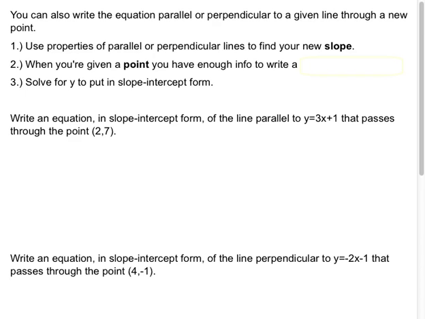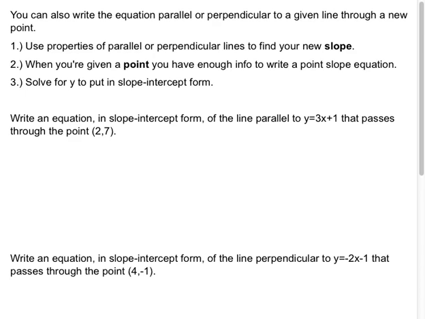And then the idea is if I give you a point, that's enough information to write a point slope equation. Okay? And then once you have that, now you can solve for y. So let's work our way through this.